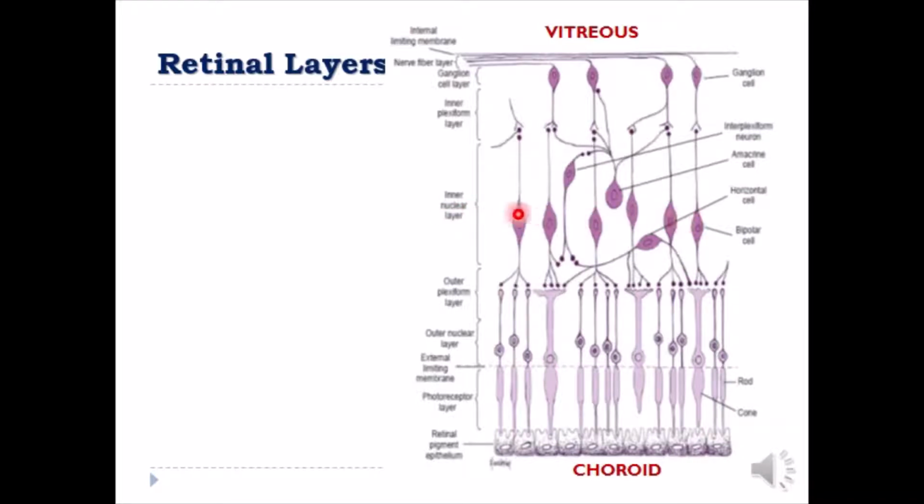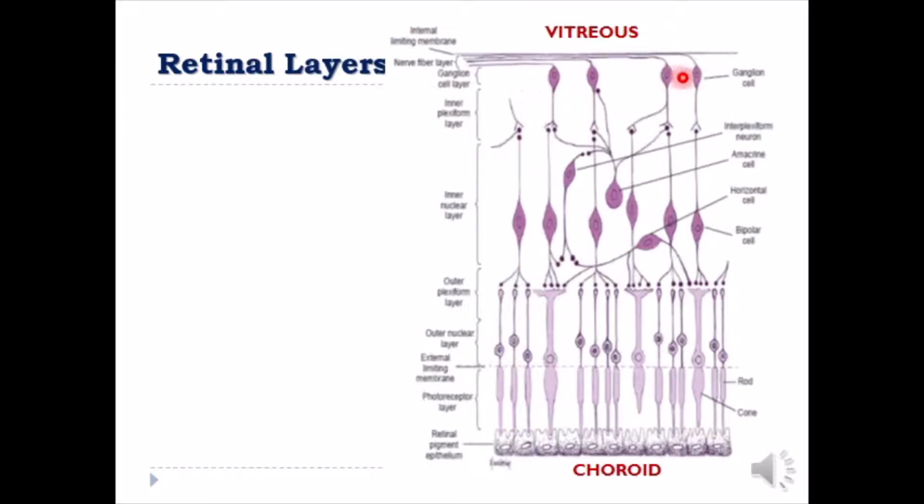After the nuclear layer, another plexiform comes, which is nothing but the junction between the bipolar cells and ganglion cells. That is the inner plexiform layer. So inner plexiform, then of course your ganglion cells. There is no separate nuclear layer for ganglion cells.